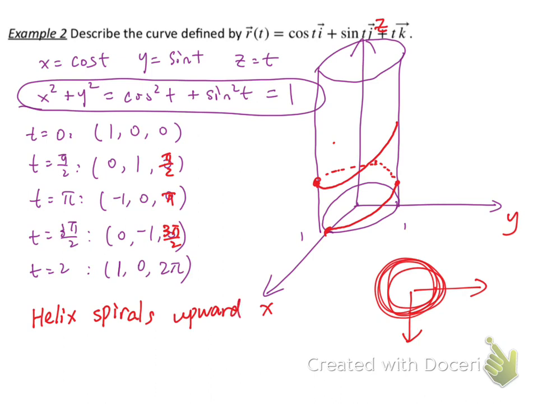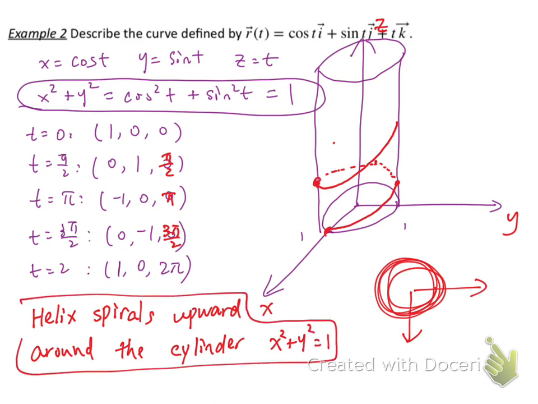It goes upward around the cylinder. It doesn't really matter what z is, but we need x squared plus y squared equals 1. So that's what the shape really is. You need to say upward because as t grows, it goes this way. So the order matters.